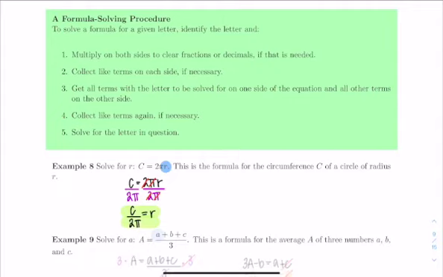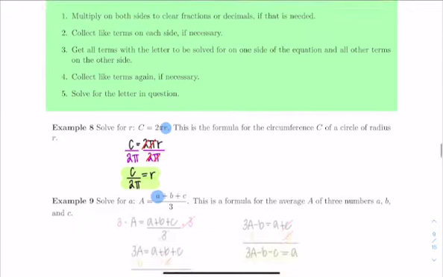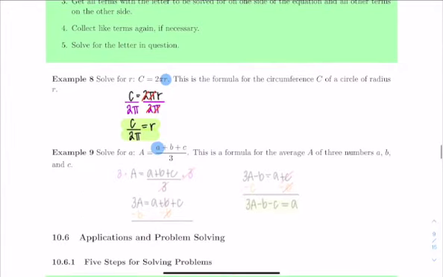In the last one, let's solve for little a when capital A equals a plus b plus c over 3. This is the formula for the average A of three numbers a, b, and c. So we want to get the little a that's in the numerator by itself. Well, the first thing that we can do is get rid of the fractions that are going on here.